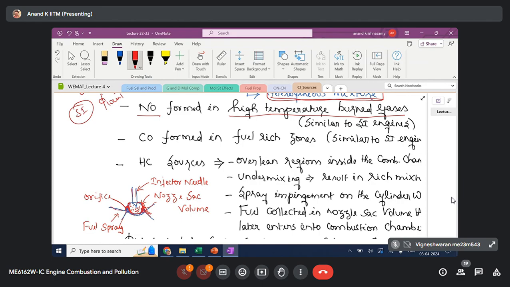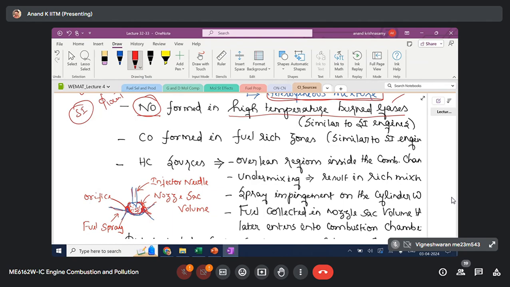The temperature will be high only at certain equivalence ratios, and equivalence ratio also decides the oxygen availability. So based on how the local equivalence ratio varies, the local temperature is going to depend on it, and accordingly the NO formation is going to depend on that.